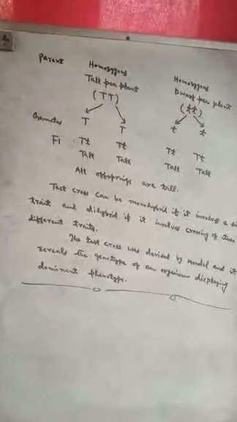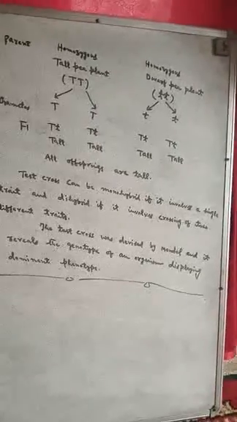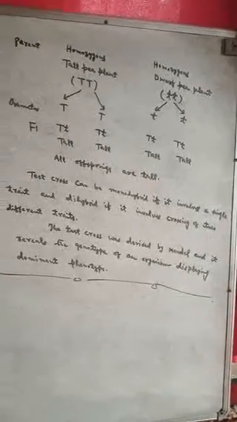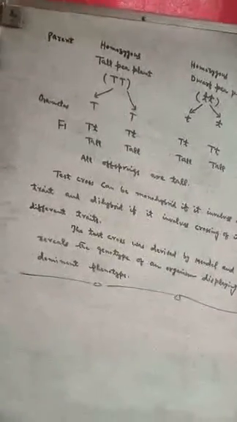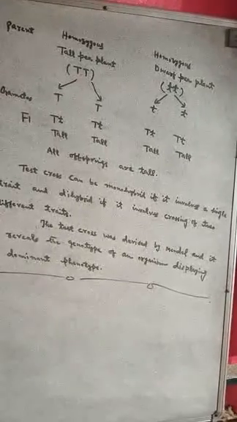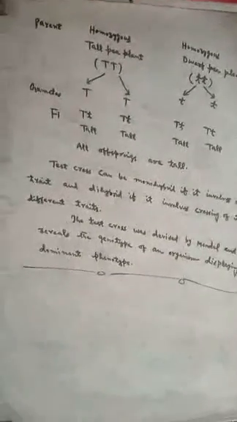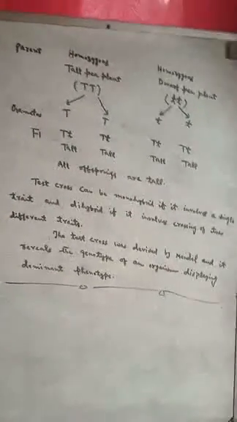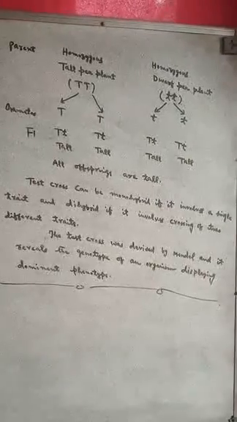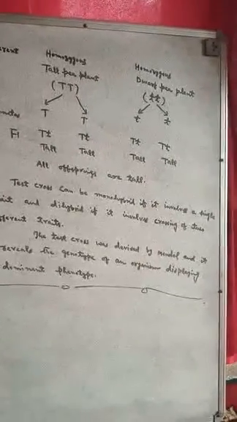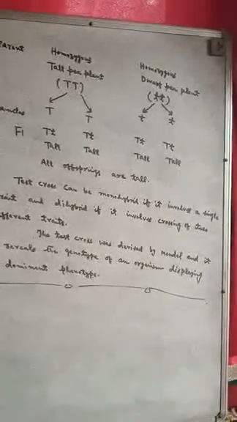Another condition is if we take the parents as a homozygous tall plant and a homozygous dwarf plant. The homozygous tall plant is shown by capital T, while the homozygous dwarf plant is shown by small t.